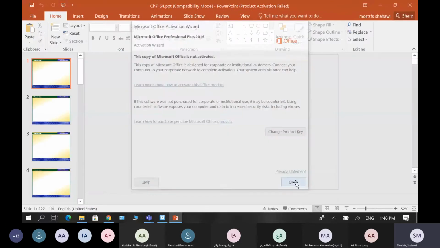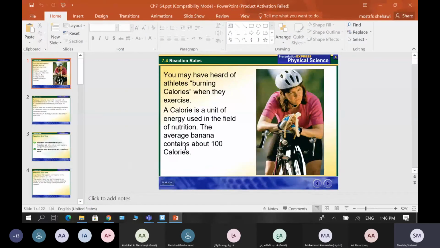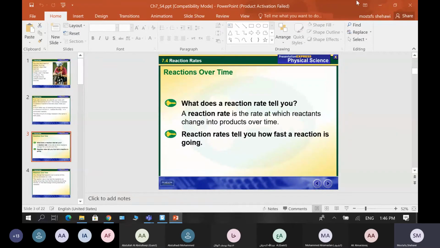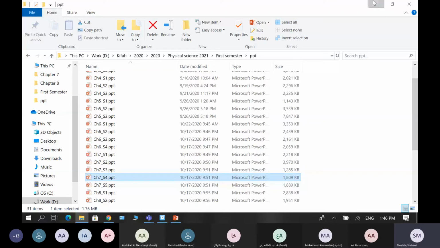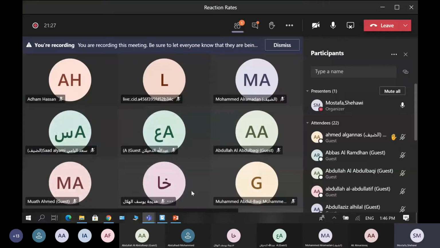Before we go to read rates of reaction, we will take a small quiz on that. Then we come back to read what we have here in this lesson.